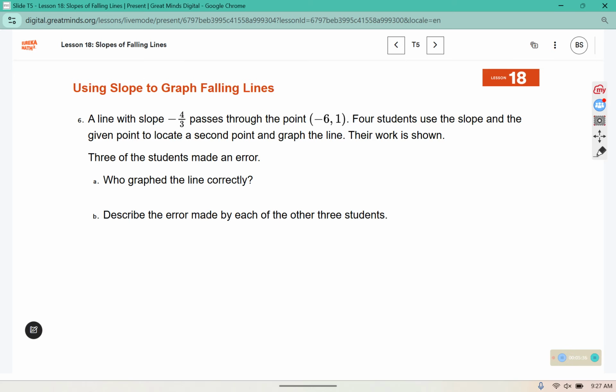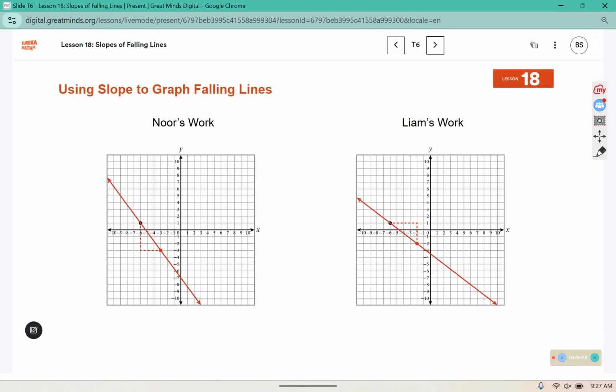The slope is -4/3, so let's check these. We should go down 4 and over 3. 1, 2, 3, 4. 1, 2, 3. So it looks like Noor has it correct. Liam went right 4 and down 3. So he used a slope of -3/4.